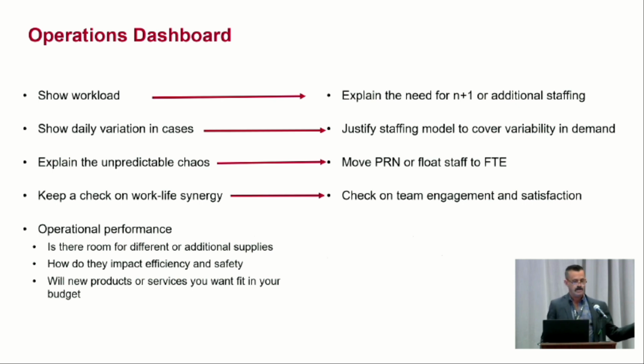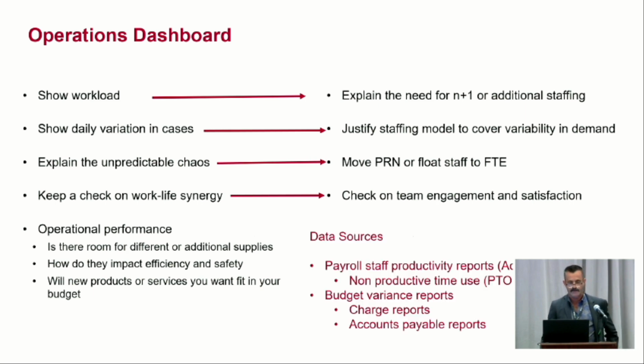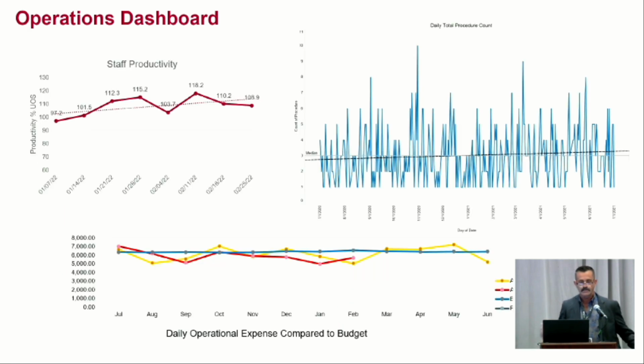They help keep a check on work-life synergy, right? And that's helpful in keeping team engagement and satisfaction. And so some of the sources of data for this operational dashboard might be payroll productivity reports or budget variance reports. And here's an example of one of our operational dashboards. It shows us staff productivity.